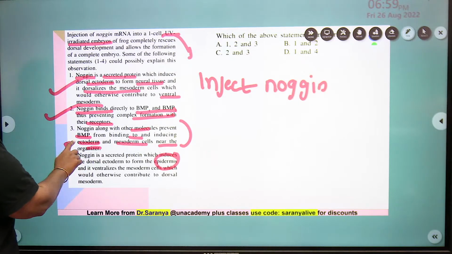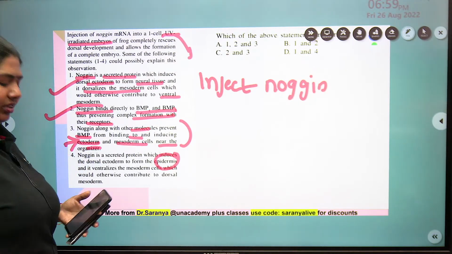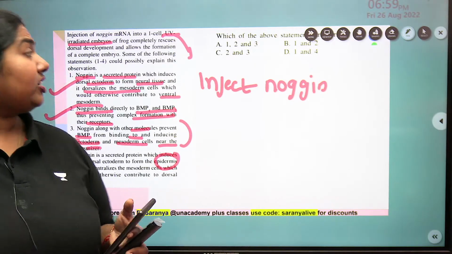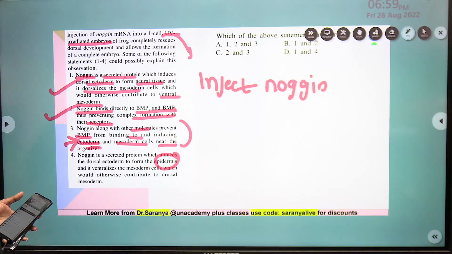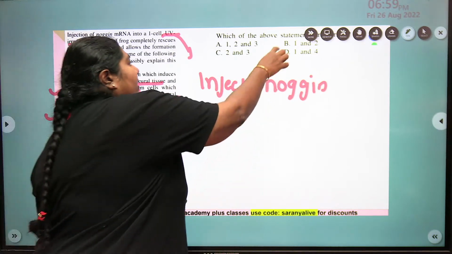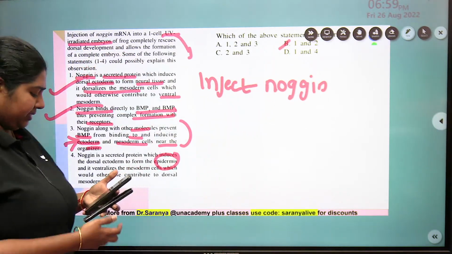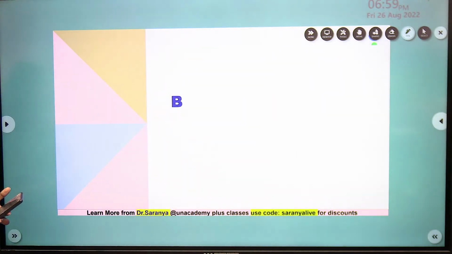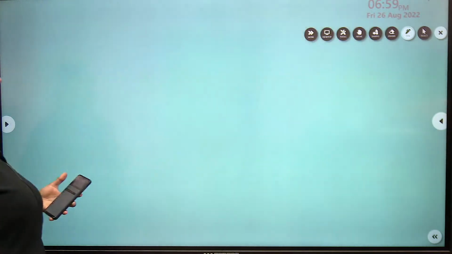Is it so? Yes, Tasnin, do you think that noggin will make your ectoderm? Never, isn't it? So only options 1 and 2 are correct, which is option B. Got it, everybody? Okay, fantastic.